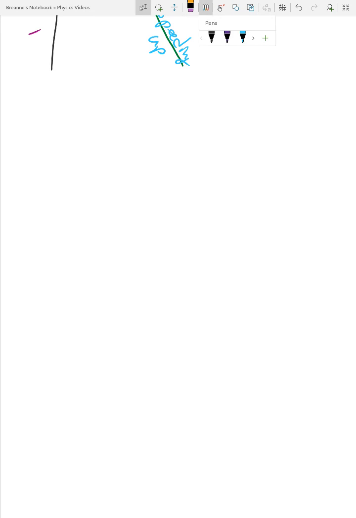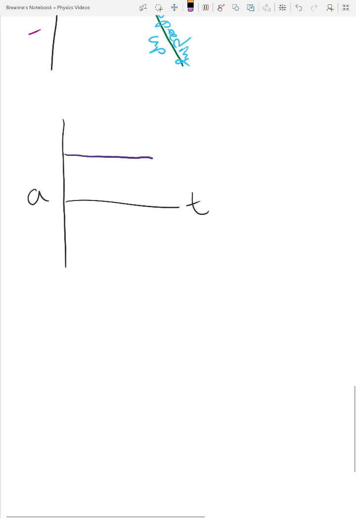There's not much to the acceleration versus time graph. You can only really have three choices. You have that, which means your acceleration is constant.